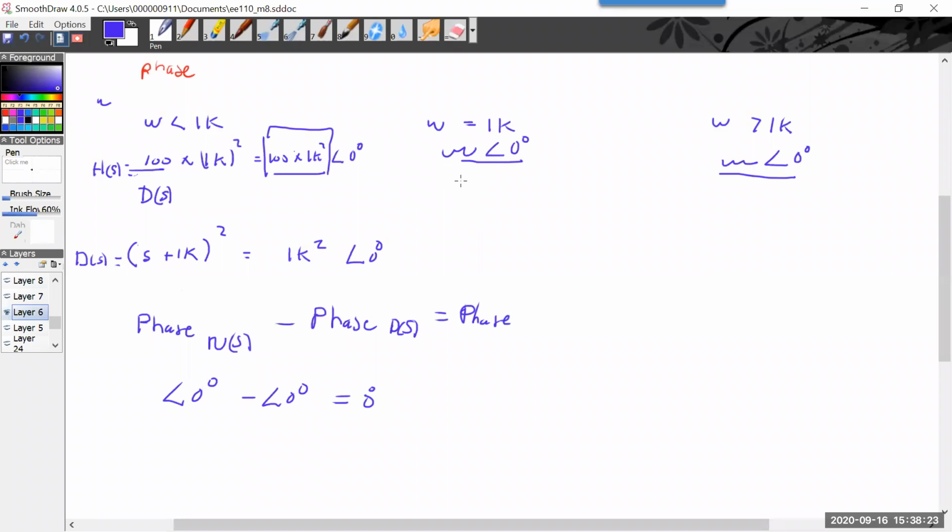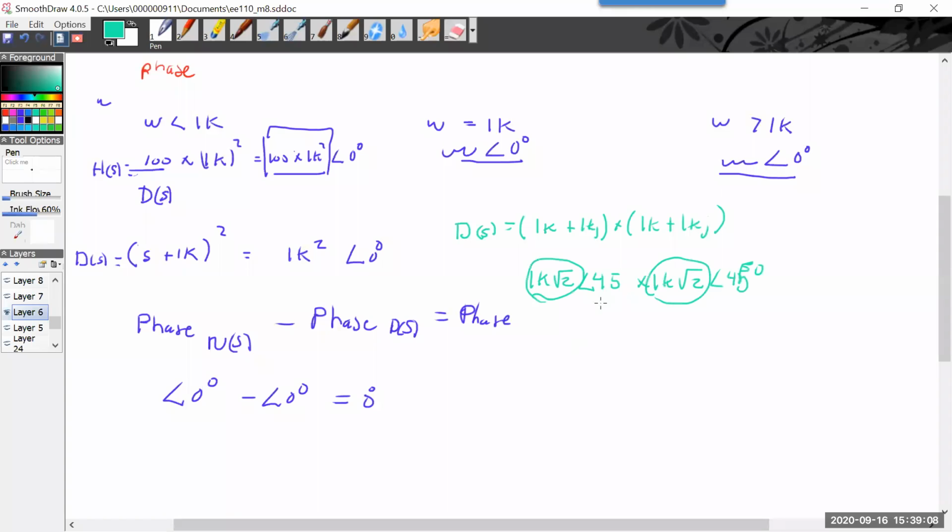Okay, I'm just going to change colors here so we can keep track. Now the denominator, when omega is equal to omega naught, is going to be 1K plus 1KJ times 1K plus 1KJ. That's really 1K square root of 2 at 45 degrees. But remember, we don't really care about the magnitudes at this point.